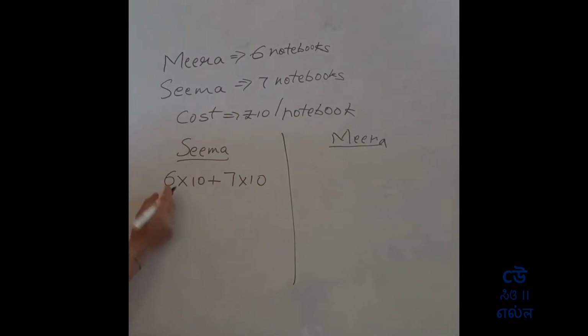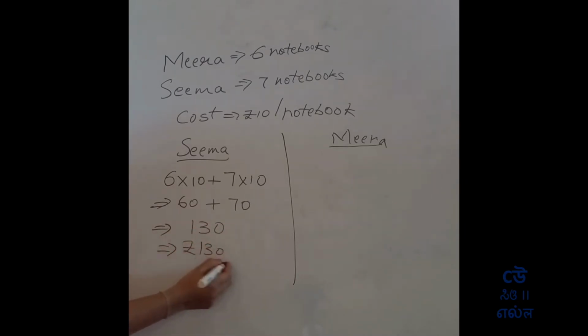So 6 tens are 60 plus 7 tens are 70. 60 plus 70 is 130. Together, Meera and Seema paid 130 rupees.